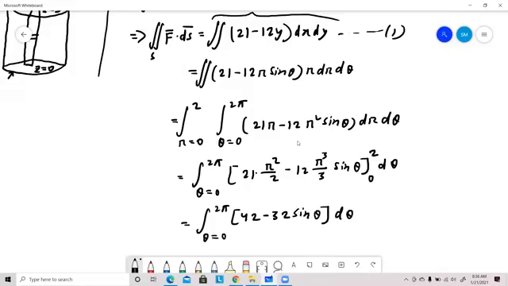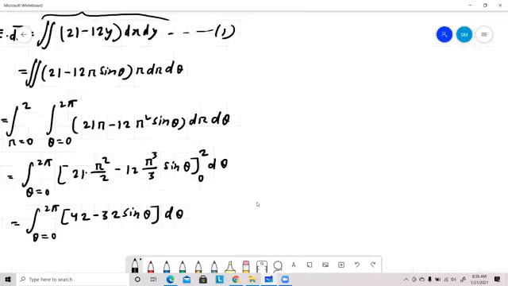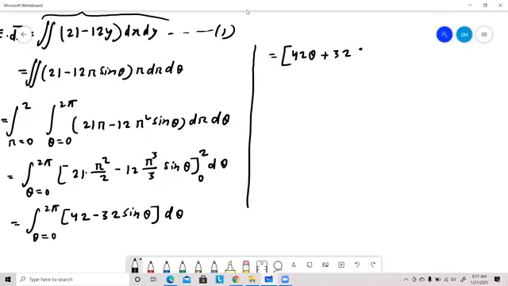Now if we integrate with respect to theta, we get 42 theta plus 32 cos theta, and theta is from 0 to twice pi.